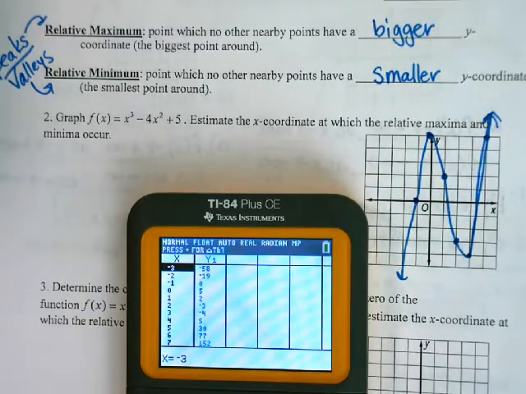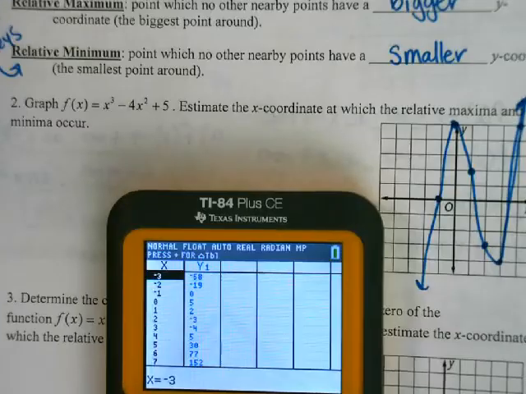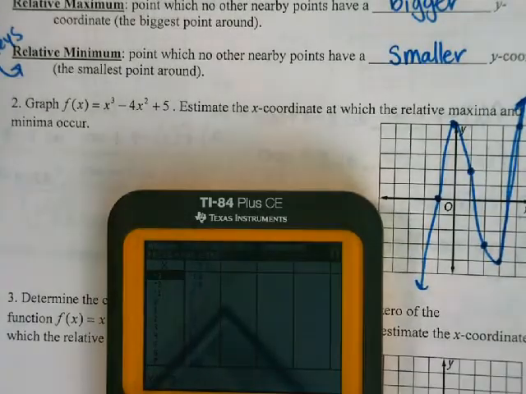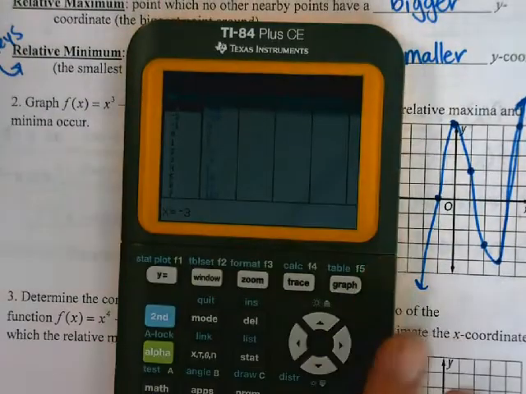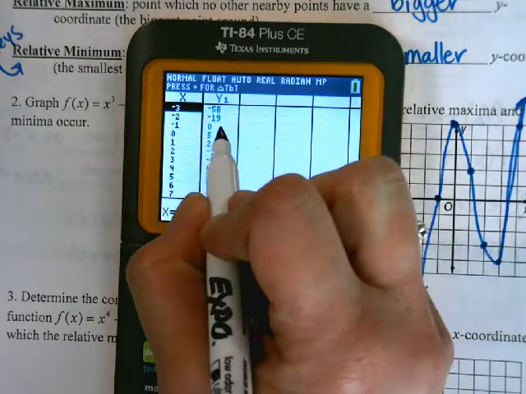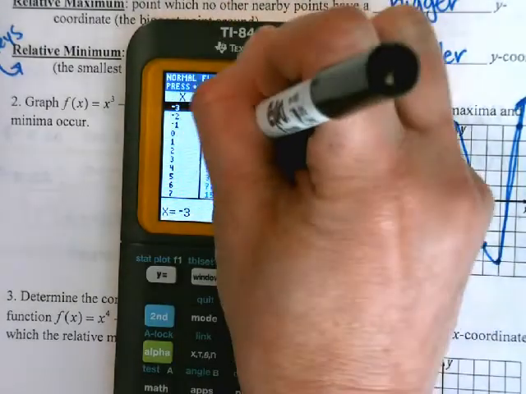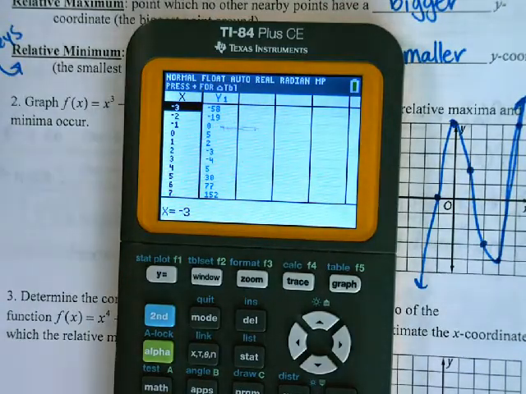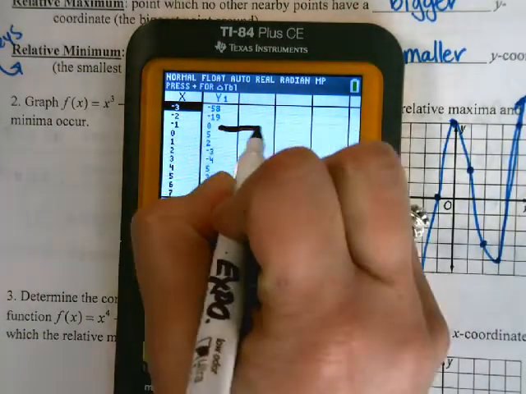Okay, now, I'm going to keep it on my table here so I can show you some things. That location principle said if I have a sign change in my y values, that somewhere between them I have a 0. So if I look at my graph here, well, this guy's nice because right there, see that guy?